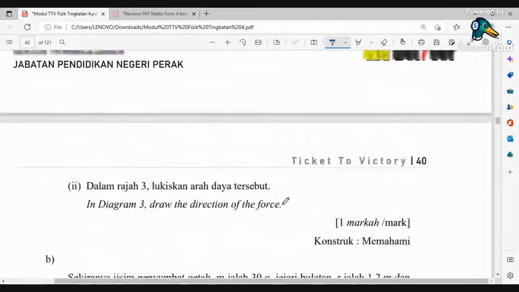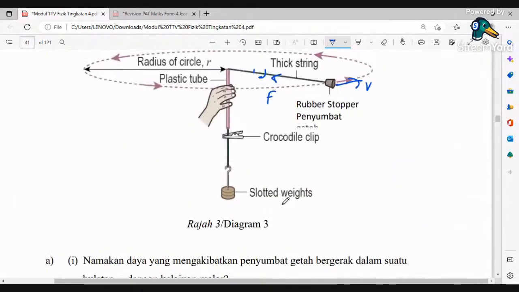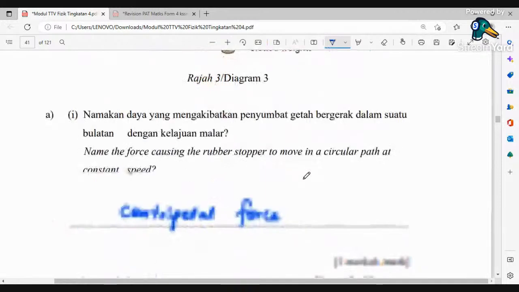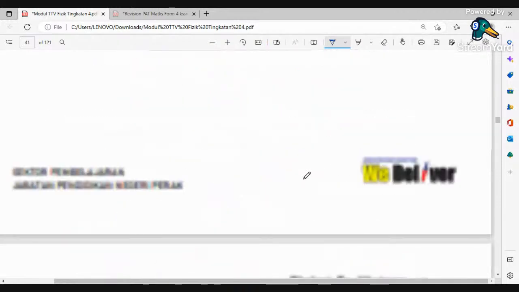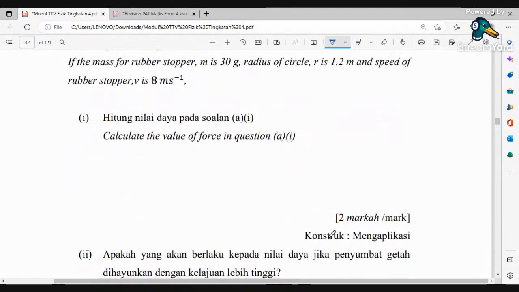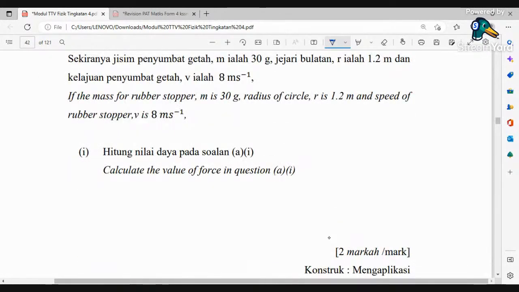Draw the direction of the force. Draw here, like I drew just now. You can just mark an arrow. Okay, part B. If the mass of the rubber stopper is 30 gram, radius r is 1.2, and the speed of the rubber stopper is 8, calculate the value of the force.